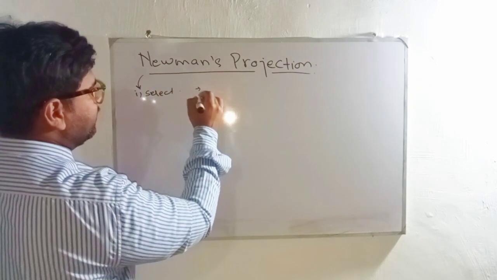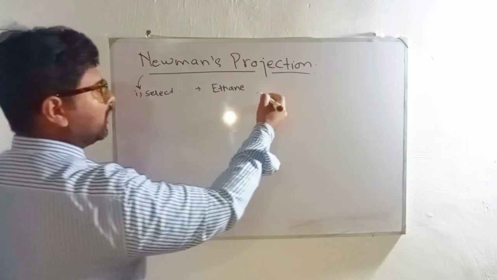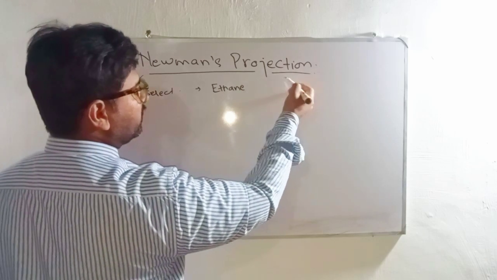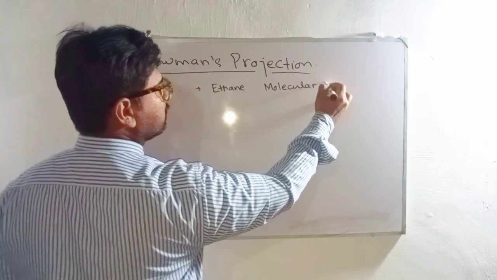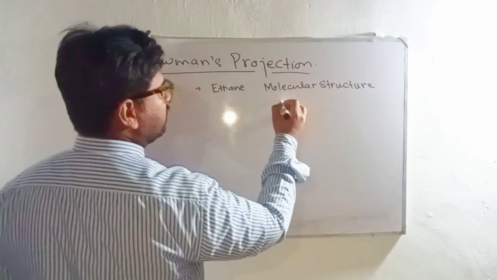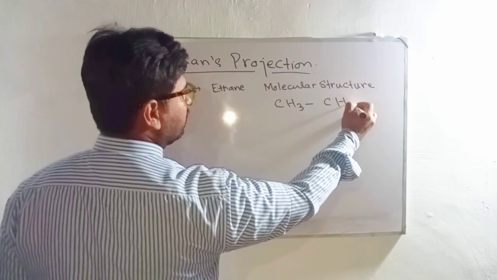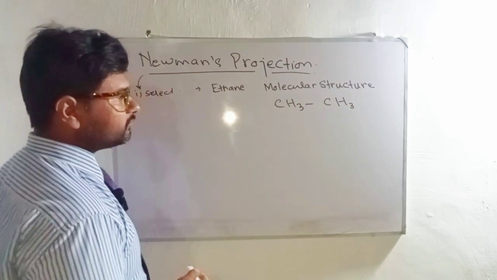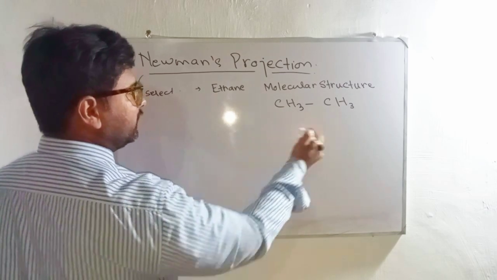Now let's take an example of ethane. Now the structure of ethane, if we draw the molecular structure, the molecular structure of ethane will be CH3 single bond CH3. Now this is the molecular structure of ethane.